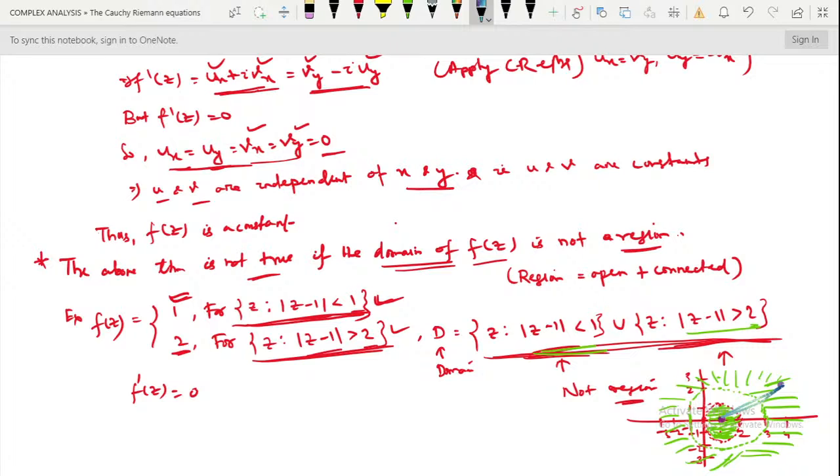So let f of z, which is u of x, y plus i times v of x, y, be analytic in a region D, and also it has constant modulus.